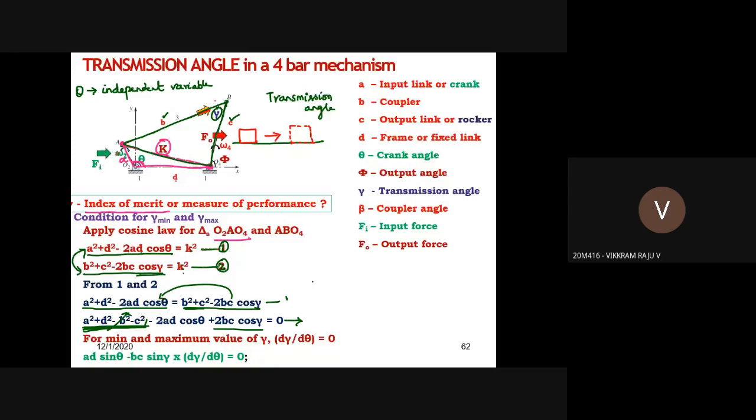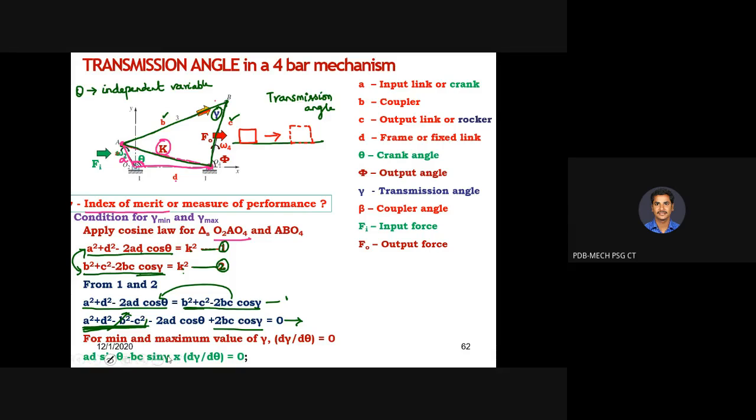Sir, minus 2bc sin gamma, and one more term, d gamma by d theta. Yes, exactly correct, you are differentiating gamma with respect to theta, so that will come into picture.